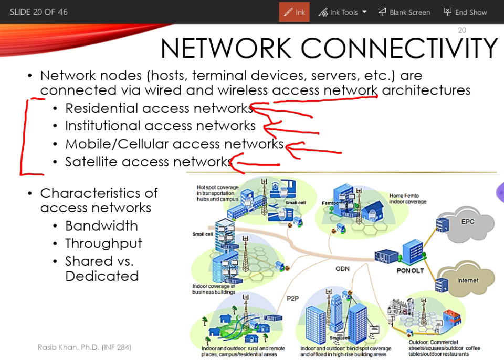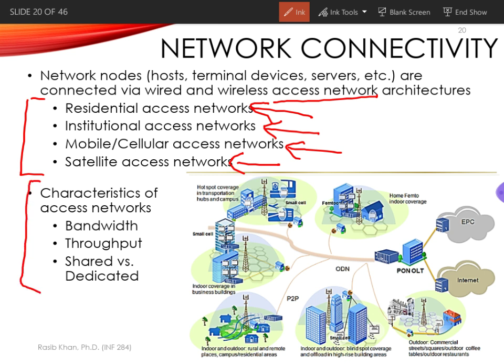Finally, satellite access networks are not limited to a smaller geographical area, but rather work from a global perspective, where a device would connect using a special satellite connectivity device and connect through the satellite to the internet backbone.